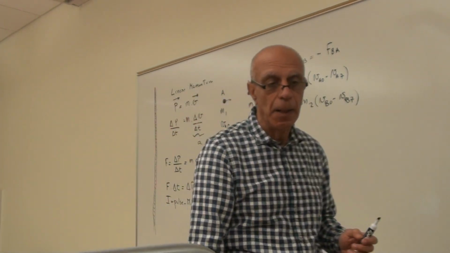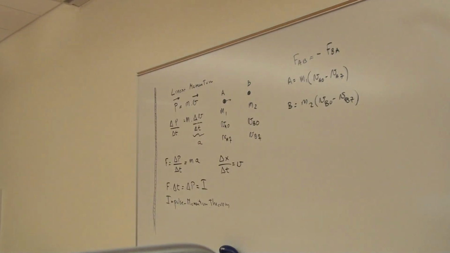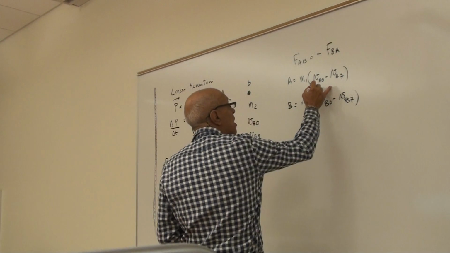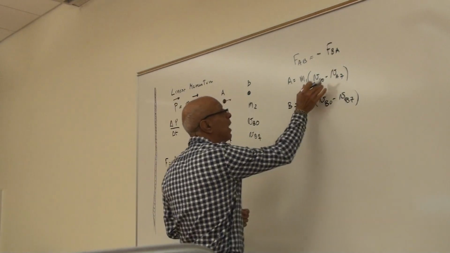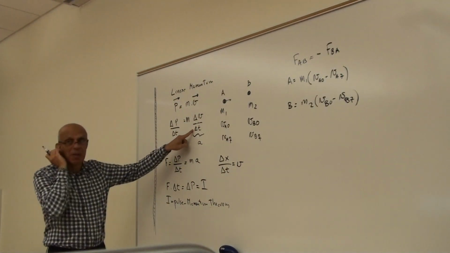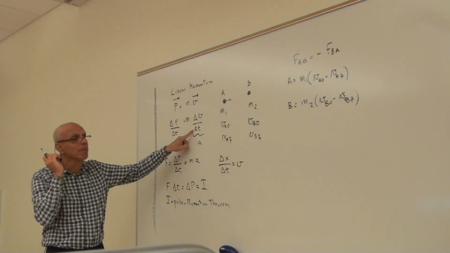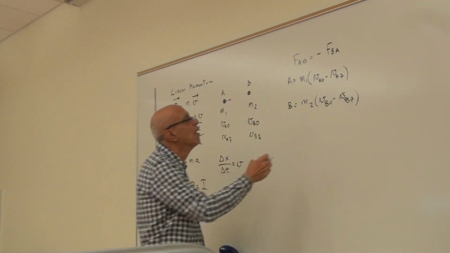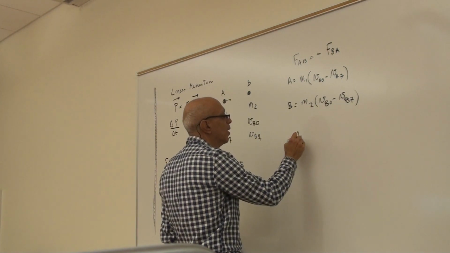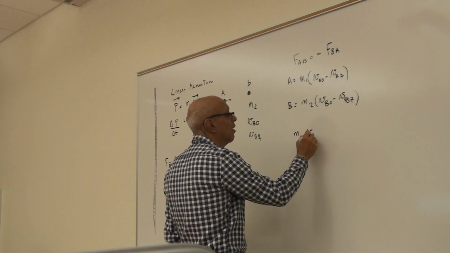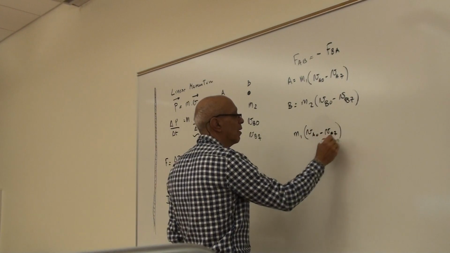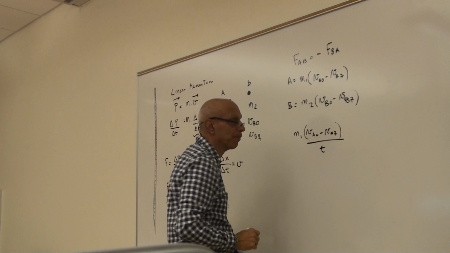Now, if I divide this momentum change by the time, I'm going to have M1 times VA0 minus VAF, divided by the time.